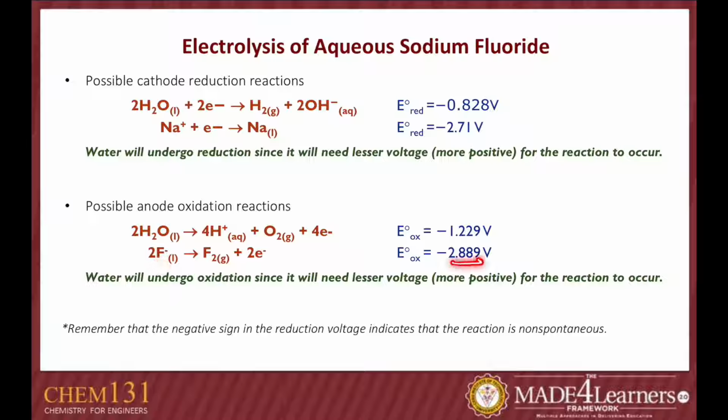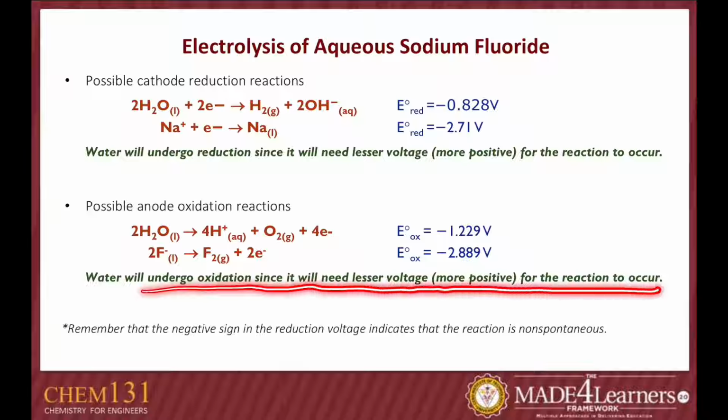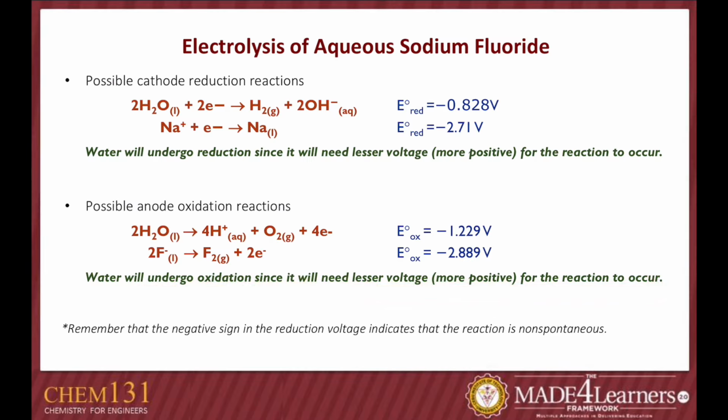So obviously we can see that mas gamay og kinahanglan si water nga voltage para ma-undergo oxidation. So water will undergo oxidation, since it needs lesser voltage for the reaction to occur. So ang reaction ang mahitabo ni nga electrolysis sa sodium fluoride is ang ma-produce kay kaning hydrogen gas o kaning oxygen gas, no?